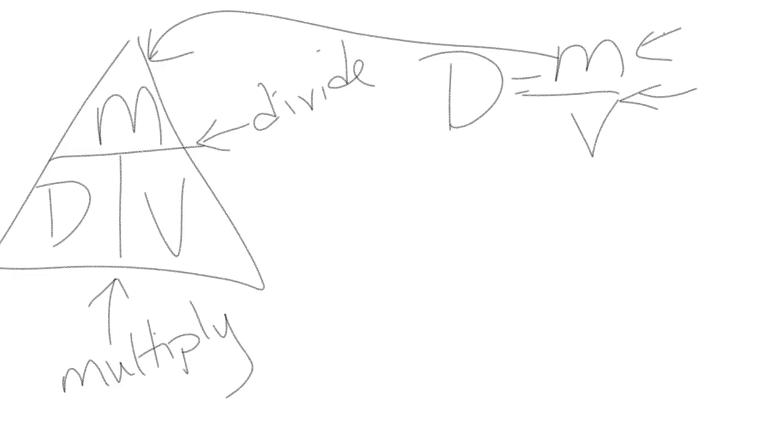Okay, so why is this so important? Well, if you want to know what the formula for D is, cover up D with your hand, and you'll be left with M over V, which is the same thing over here.